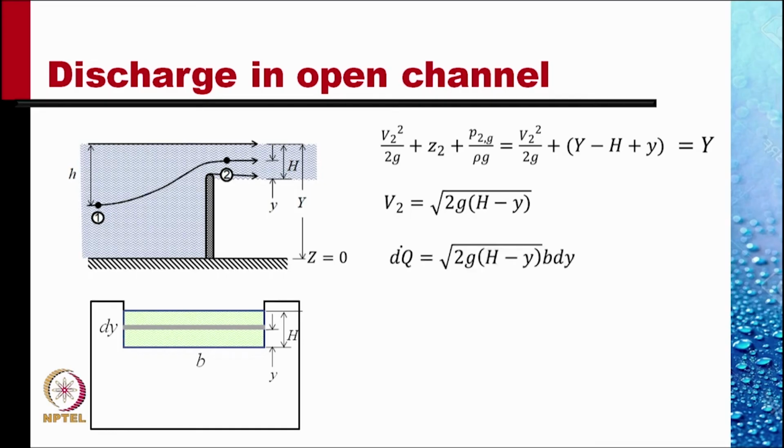So discharge through this slice is dQ equal to V2 times the area, which is b dy. And to find out the total discharge, we integrate this from y equal to 0 to y equal to capital H, and we find it to be 2b by 3 times the square root of 2g times H raised to the power 3 by 2.